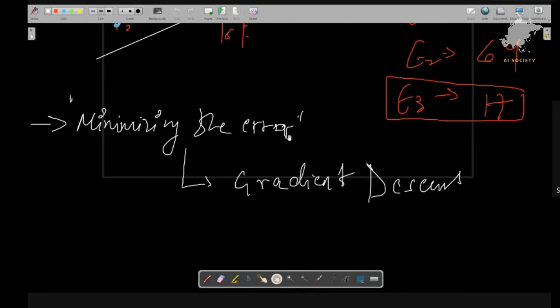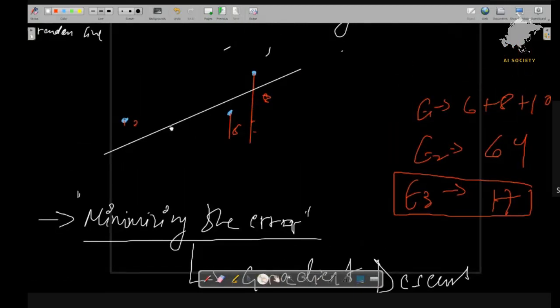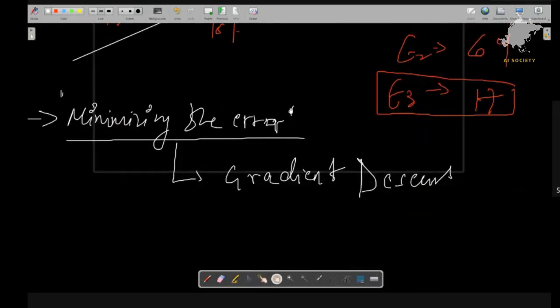So just remember that the minimizing of the error, the movement of the line, is done using gradient descent. Understood? Whatever movement you're seeing is done using gradient descent, and we'll talk about that in great detail later on. Right now we are not going to study it. So just remember this term: minimizing the error implies gradient descent.